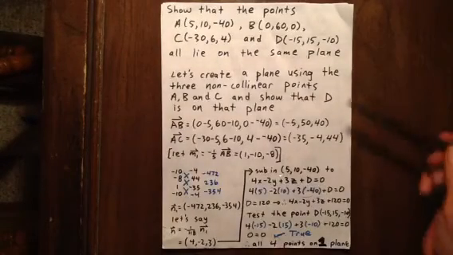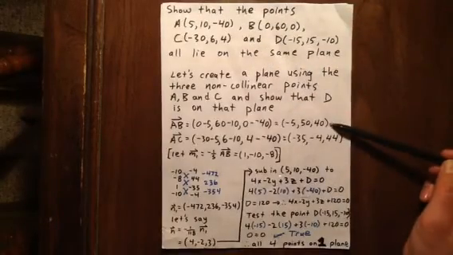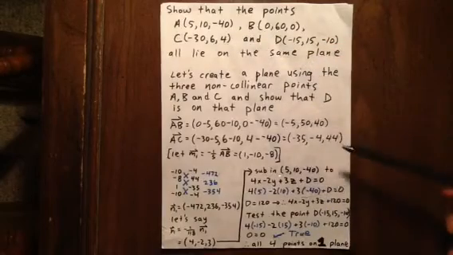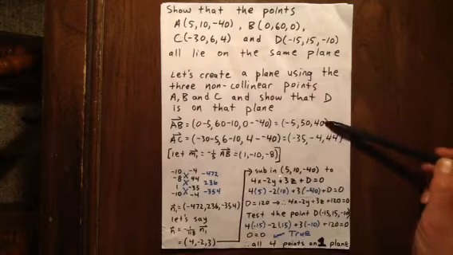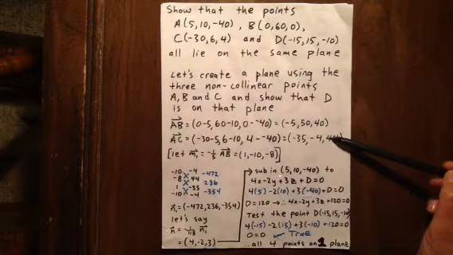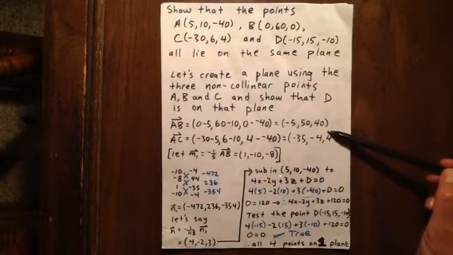So, the vector AB is equal to negative 5, 50, 40, and the vector AC is equal to negative 35, negative 4, 44. We're going to cross these two vectors to determine a normal for our plane.